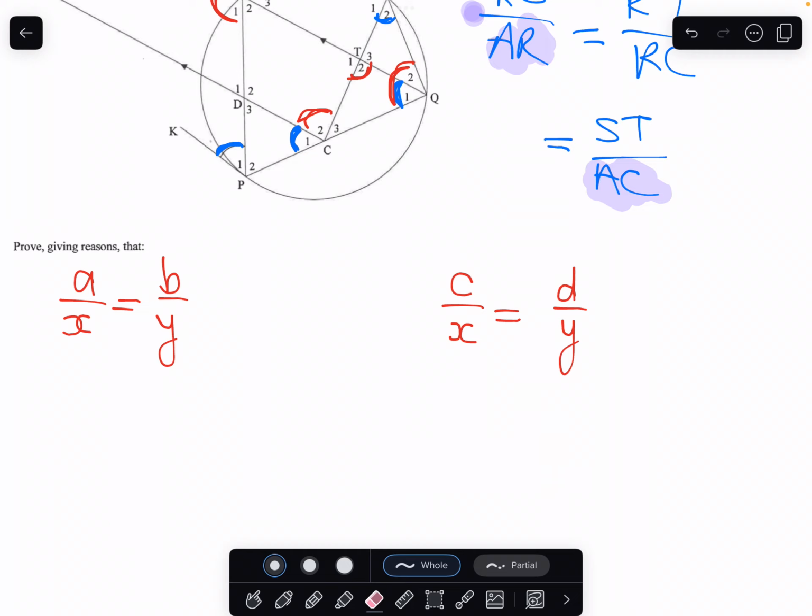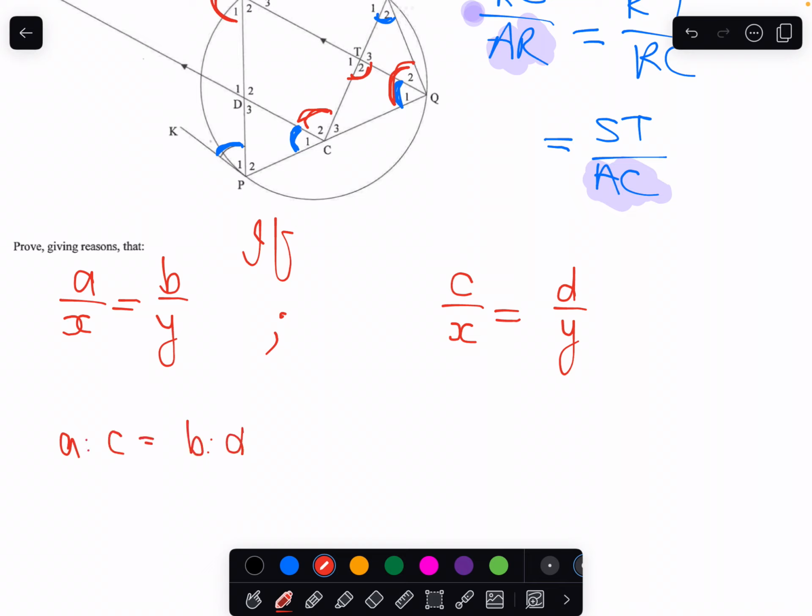Why is that the case? So if we have the following scenario, what did I just write here? Okay, anyway, I think I wrote A to C is equal to B to D. Is that true?